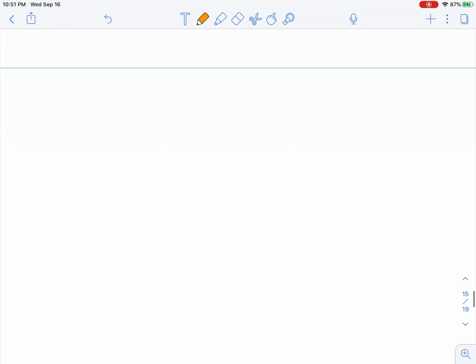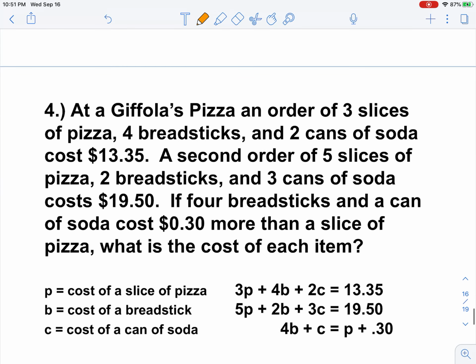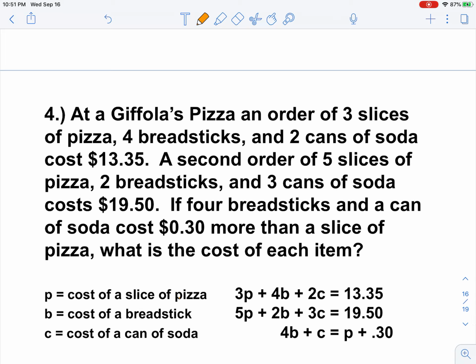to solve. So the way that we'll start that is we are going to say that P is the cost of a slice of pizza, B is the cost of the breadstick, and C is the cost of a can of soda.